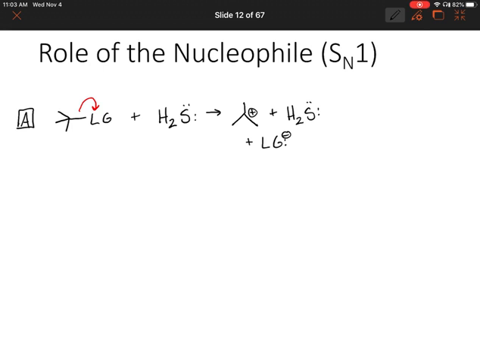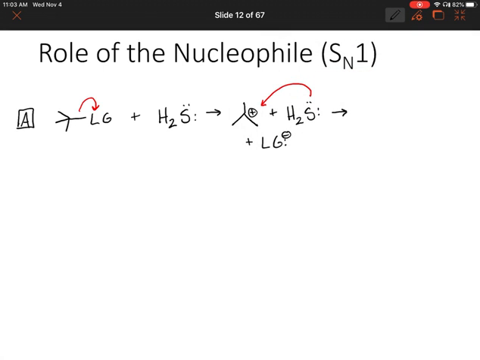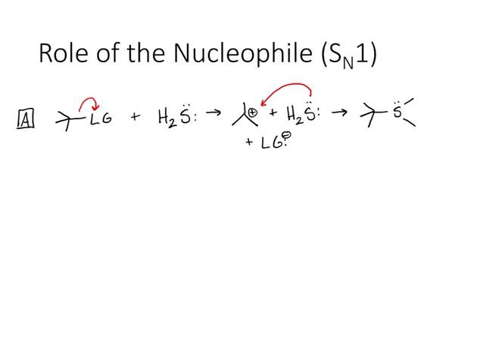Okay, so in the second step, the nucleophile is going to donate electrons to the electrophile. And we end up with a product that looks like this.